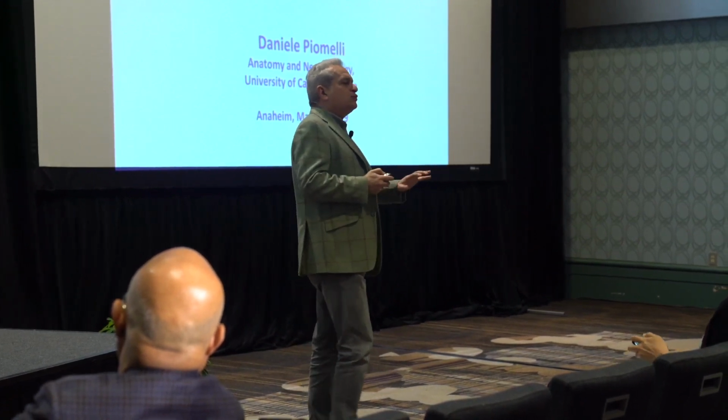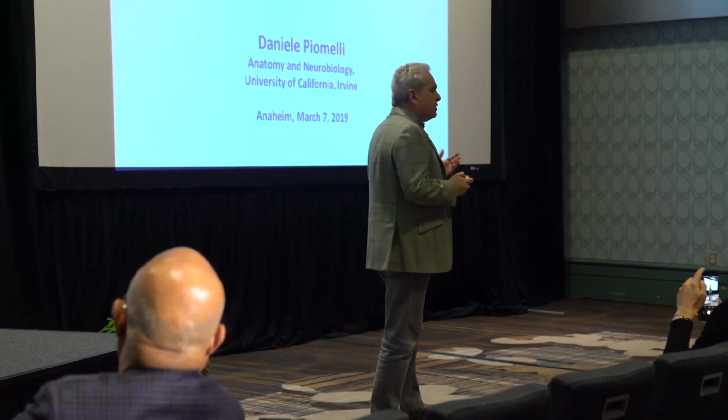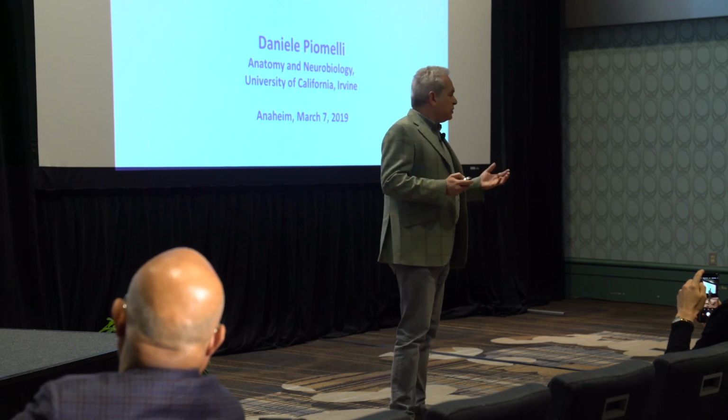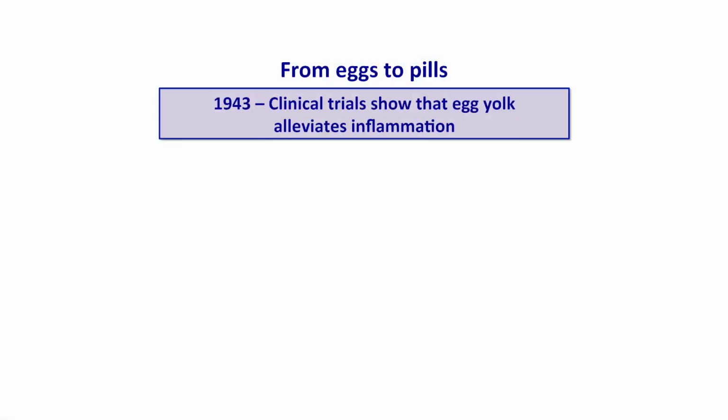I think the best way to introduce PEA is just to remind ourselves of the history behind this exciting molecule. A history that actually starts a fairly long time ago in the 1940s, during the war, when of course pharmaceuticals were scarce, it was discovered that egg yolk is an anti-inflammatory food.